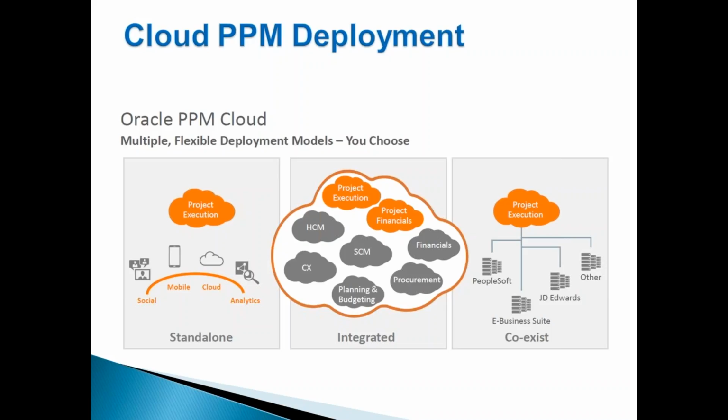Is that correct? No, I didn't get your question. Can you please say it again? So within the integrated model, where we have project financials, which is highlighted in orange, and then you have the regular financials, which is highlighted in gray, what is the relationship between those two financials? If you can please elaborate.